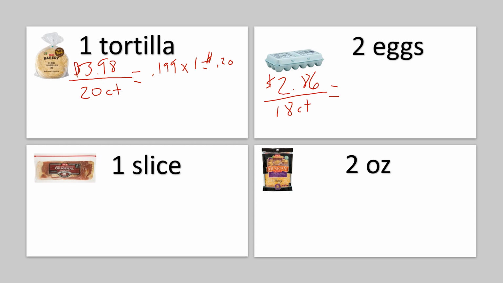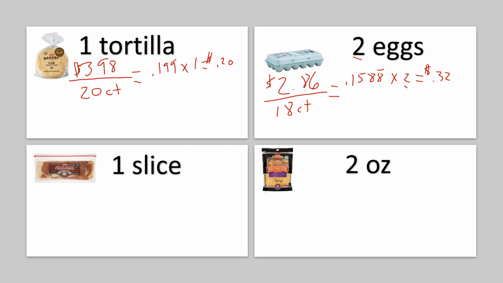Which then, when we divide that, our calculator is going to show us 0.1588 repeating. Okay, since we have 2 eggs, go ahead and just multiply that by 2, and we'll be able to round that up to 32 cents. Okay, because we need 2 eggs.